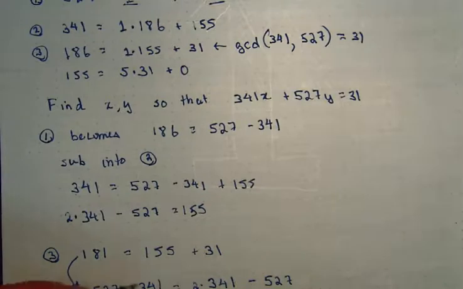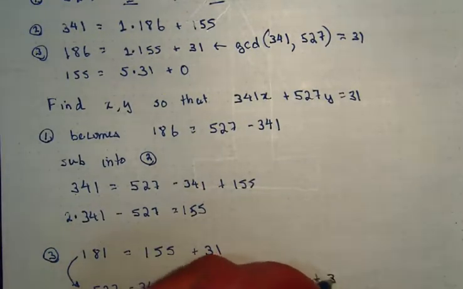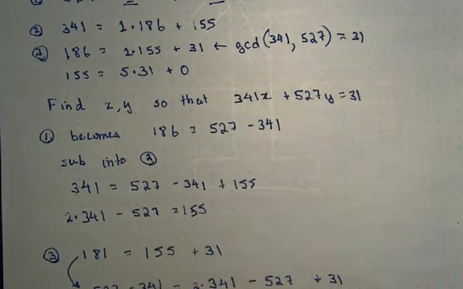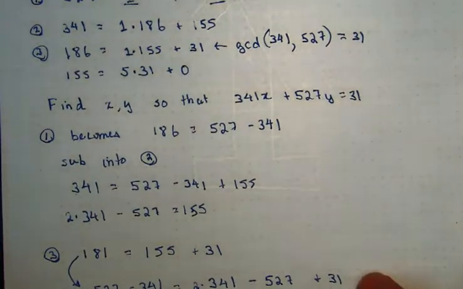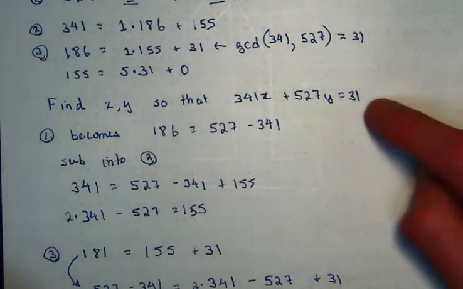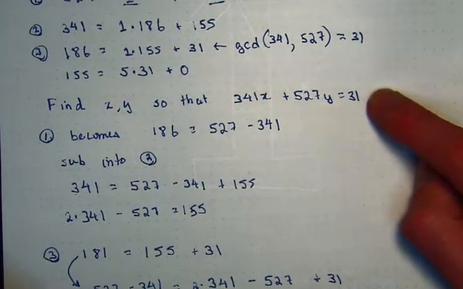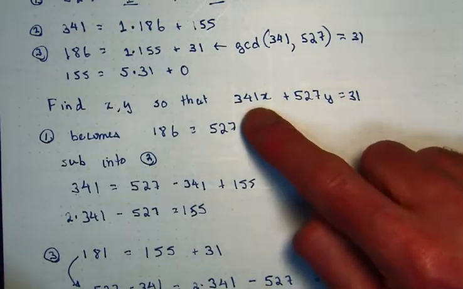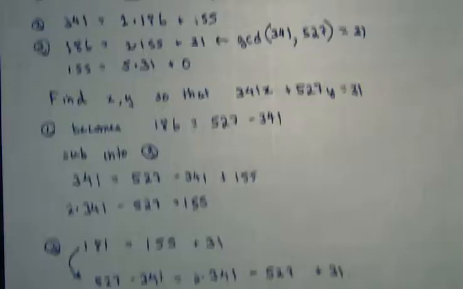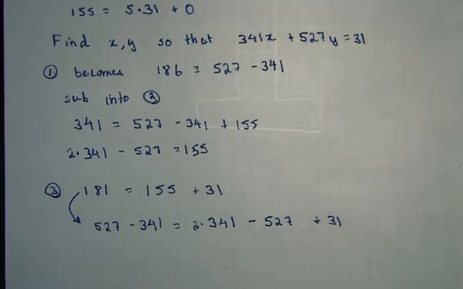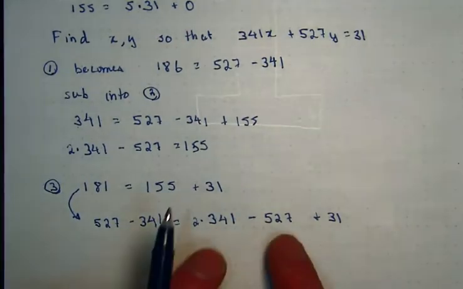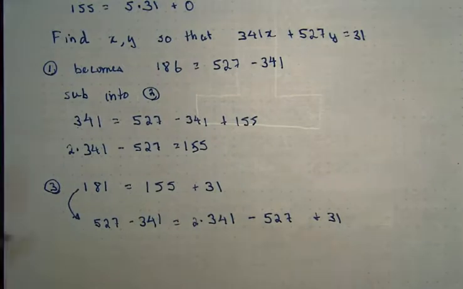And then we've still got the plus 31 there. And now I want to isolate the 31. So remember, I want to write 31 as a combination of a multiple of 341 and a multiple of 527. And I've almost got it right here. All I need to do is get these terms over to the other side. That's easy enough.